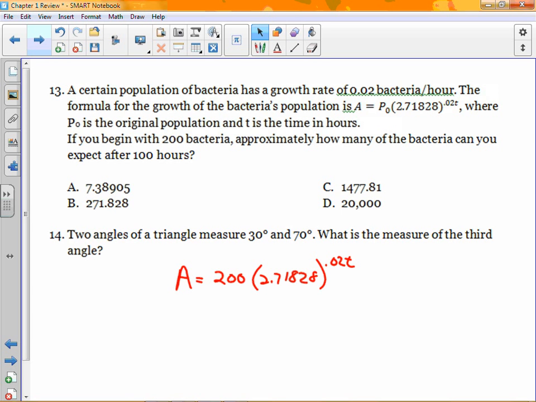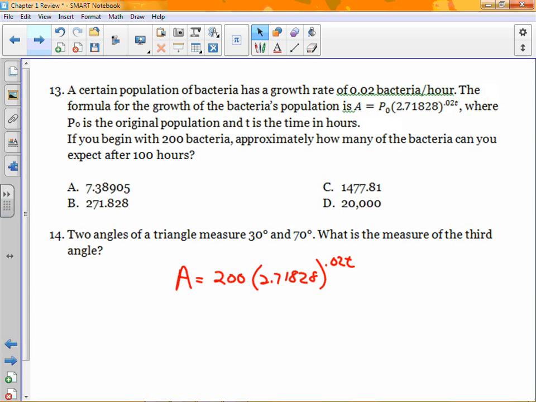Here's what I want to make sure you know. How many do you start out with? 200. How do I make this value right here equal to 1? By doing time of 0. If time is 0, what's 0.02 times 0?